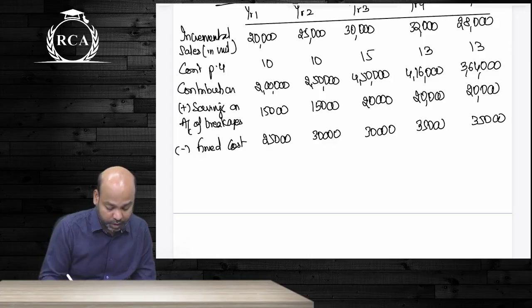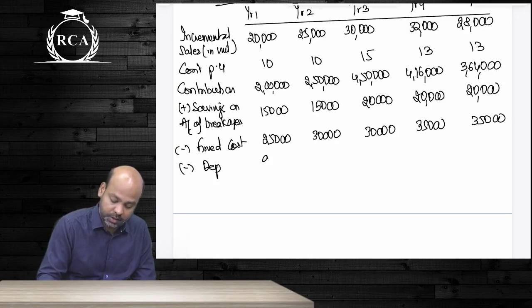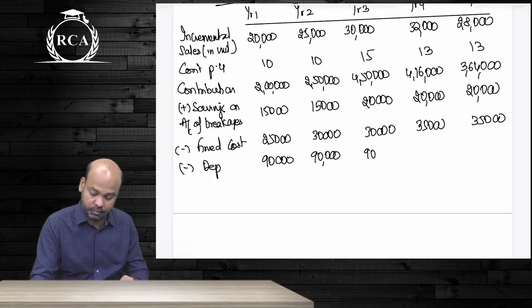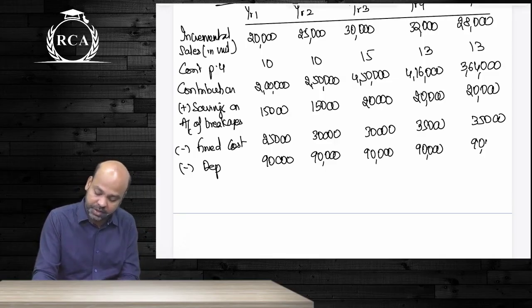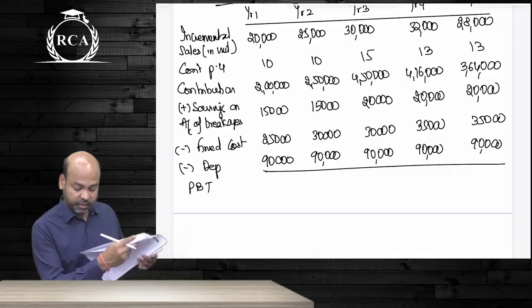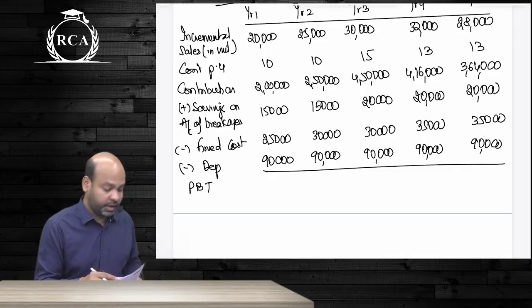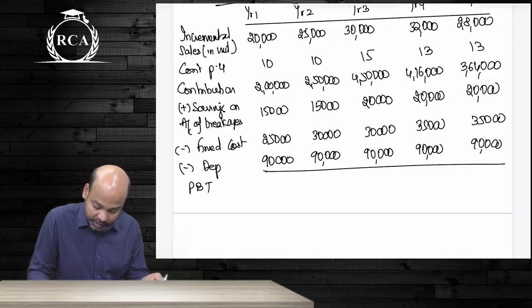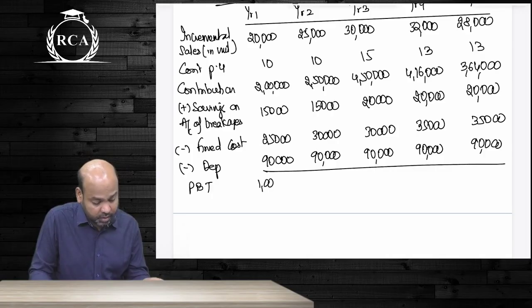And we already know the amount of depreciation, guys, 90,000. Once you deduct all of these, you are going to get profit before taxes. 2 lakhs plus 15 minus 25, 190 minus 90, 1 lakh. It is 1 lakh, right?